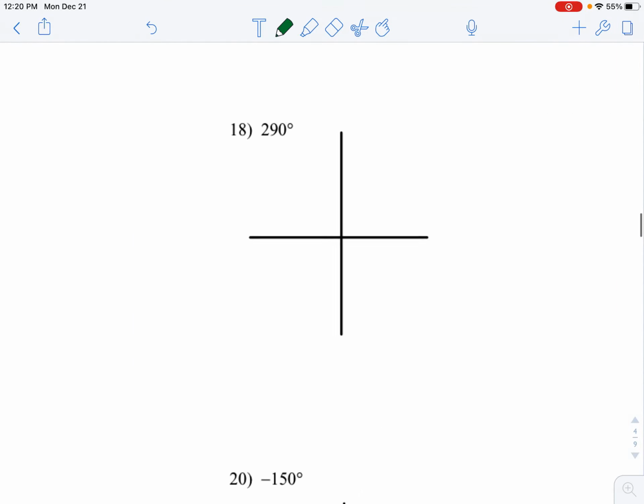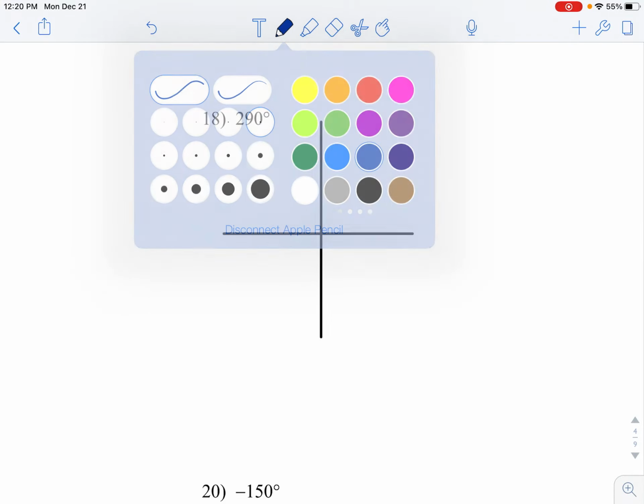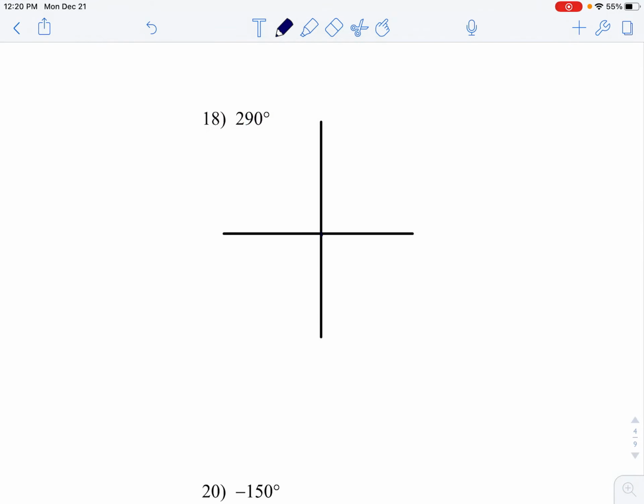Next one, 290 degrees. All right, so the original angle, vertex, initial side, 290. So 90, 180, 270, plus a little bit more. That is my 290 degree angle.